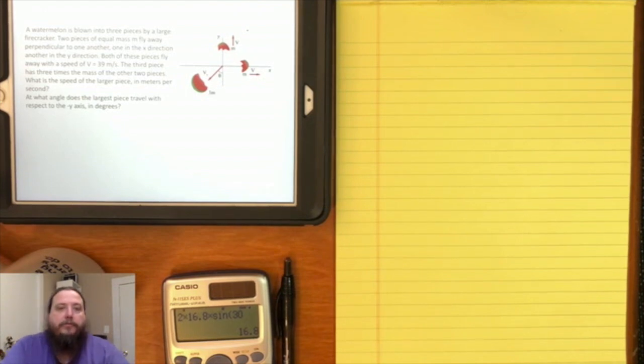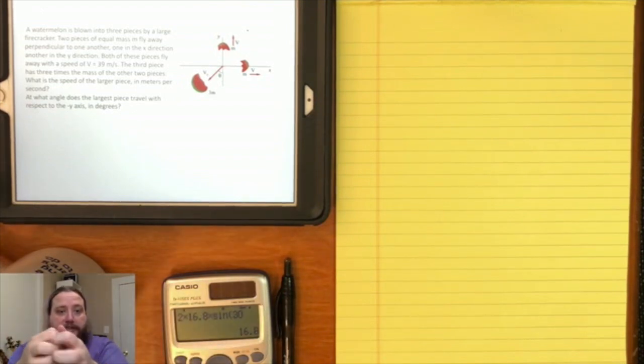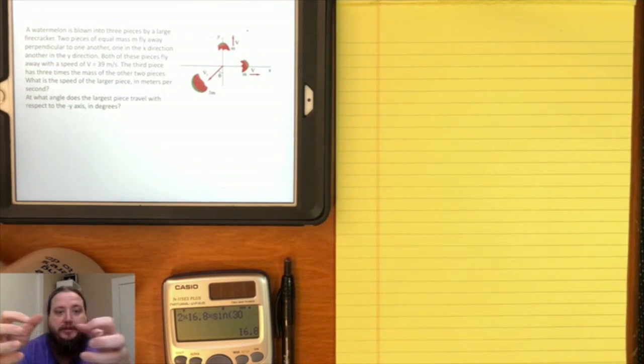All right, so the first thing to note is that this is not a collision per se, it's an explosion. But if you think about it, it's kind of like a perfect inelastic collision in reverse. Remember, the perfect inelastic collision was the one where two objects smash together and stick and form a combined object. What we have here is a combined object which explodes into different pieces which fly apart.